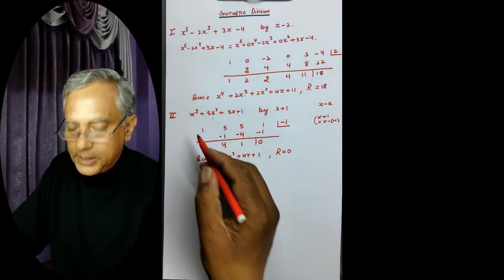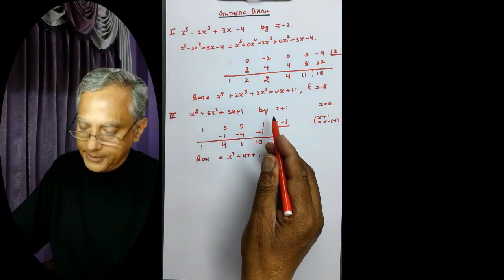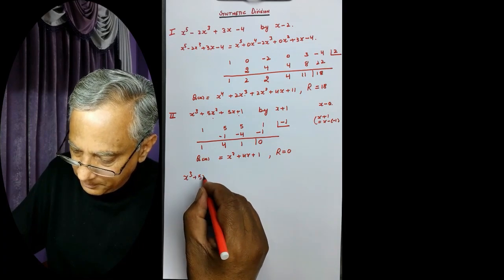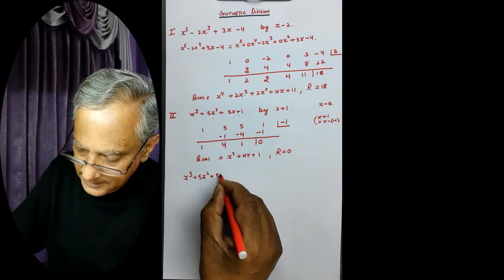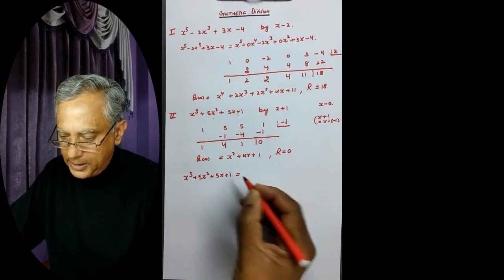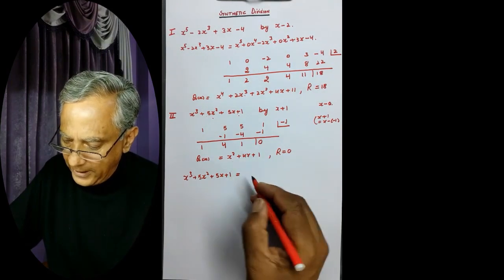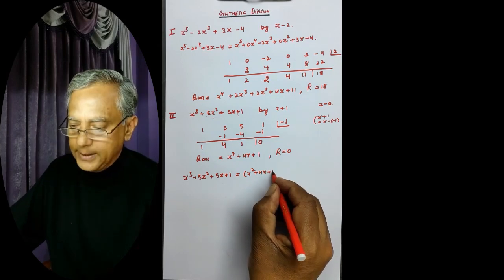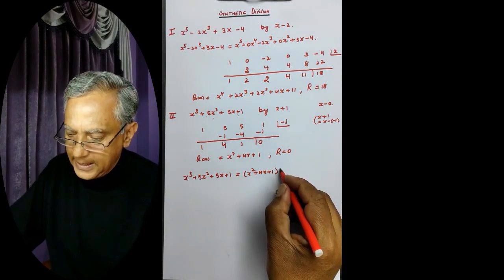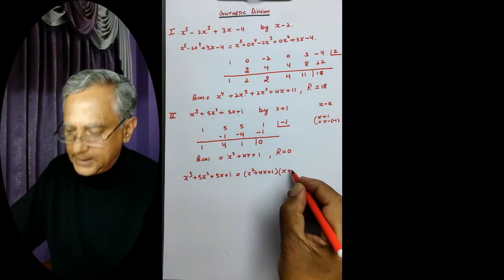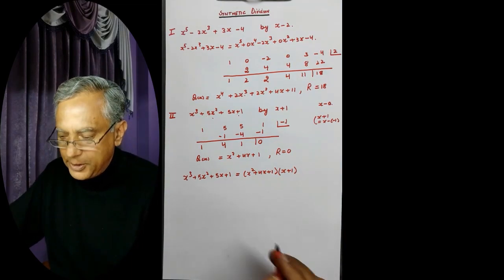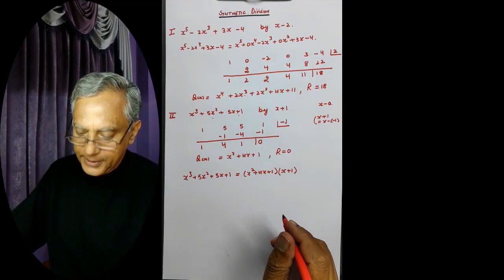So we can use this tool for factorization. We can write x cube plus 5x square plus 5x plus 1, and since the remainder is 0, one of the factors is x square plus 4x plus 1 and the other is x plus 1. So this can be used for factorization.